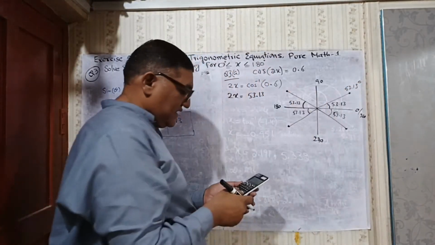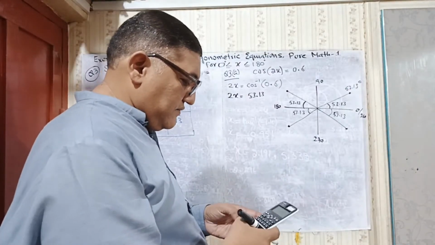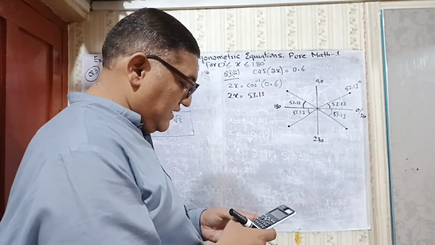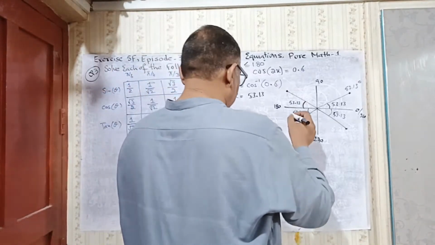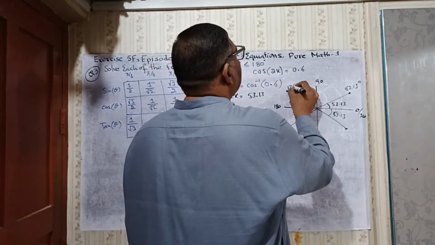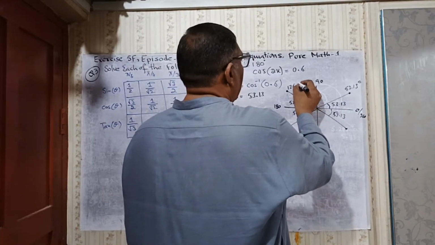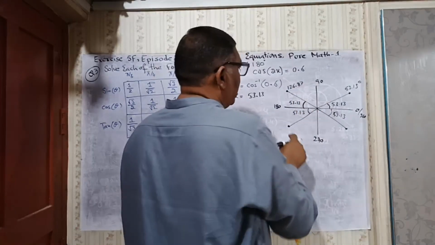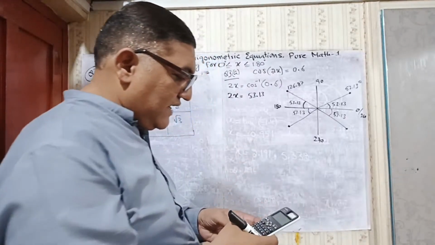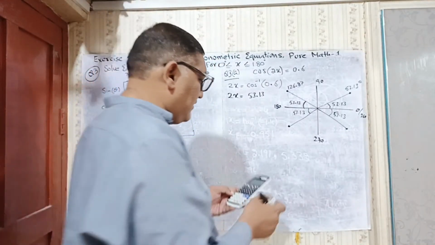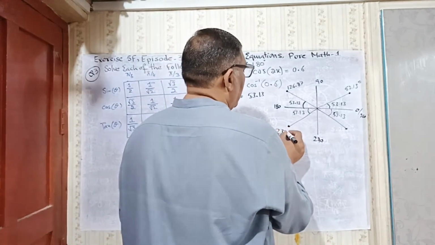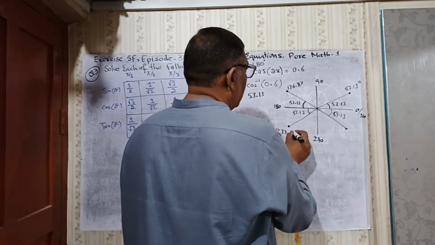What will be this angle? This is 180 minus 53.13, so this is 126.87. What is this angle? This angle will be 180 plus 53.13, so it will be 233.13.